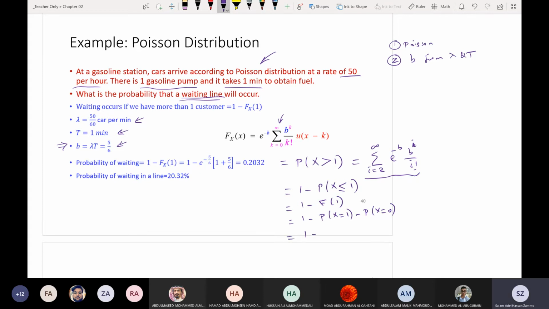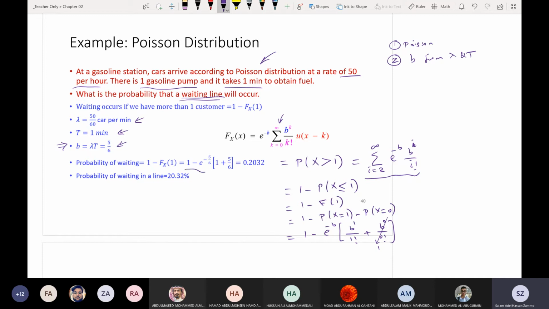Taking e to minus b as a common factor, for X equals 1 I have b to 1 divided by 1 factorial, plus b to 0 divided by 0 factorial, which is equal to 1. And this is equal to b, which is 5 over 6.